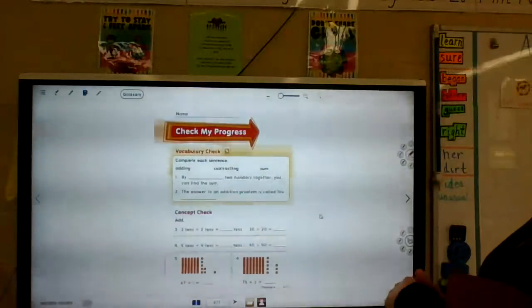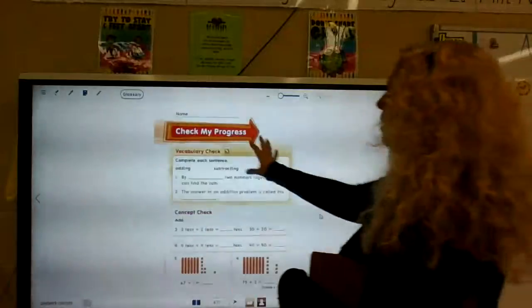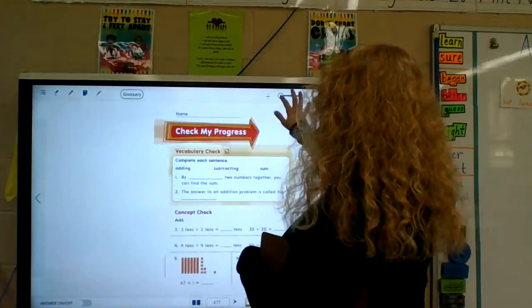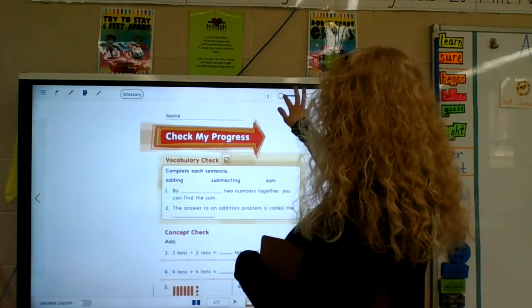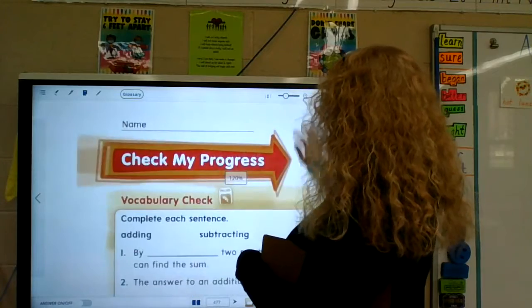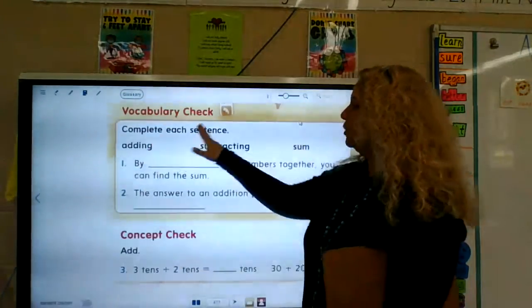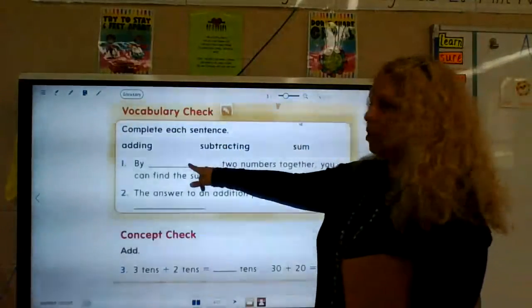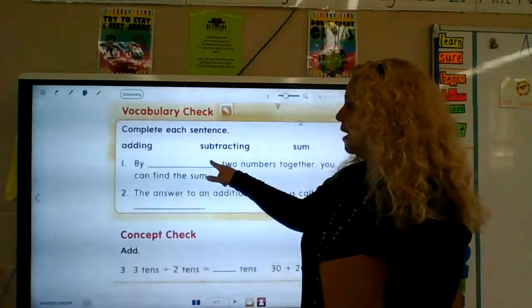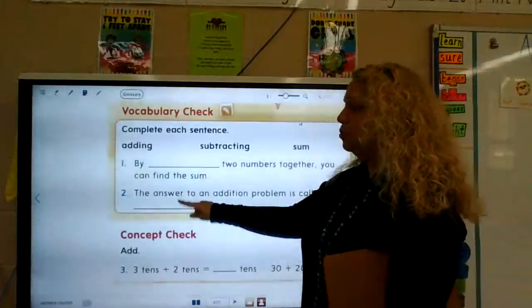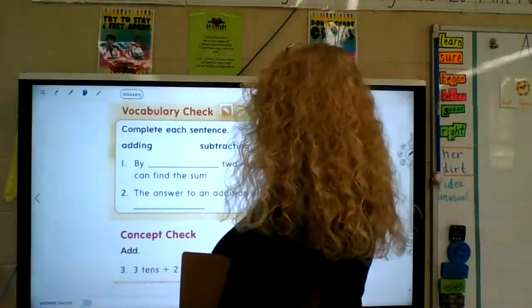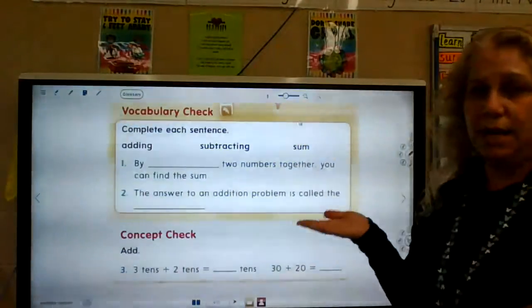On the first part right here, let me make it a little bigger. I'm going to read the sentences, and you need to decide which one of these words belongs in the sentence, and you're going to write it in there. There's two sentences but three choices, so one of the words you're not going to use.